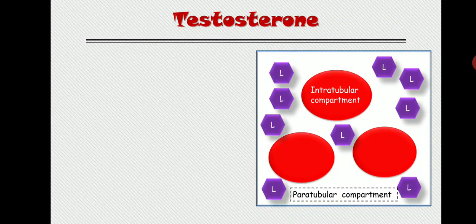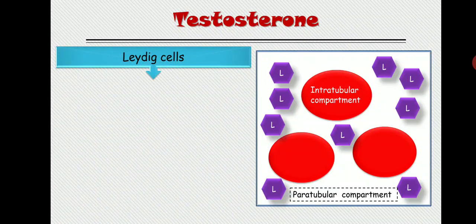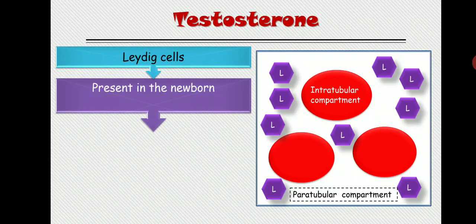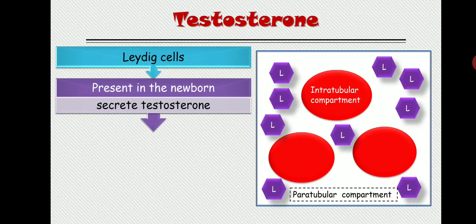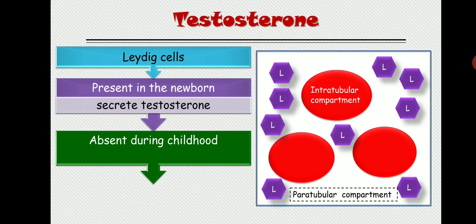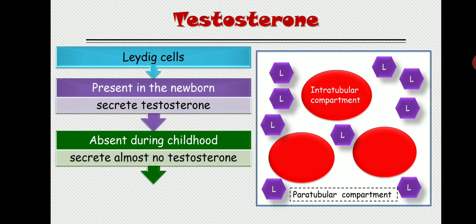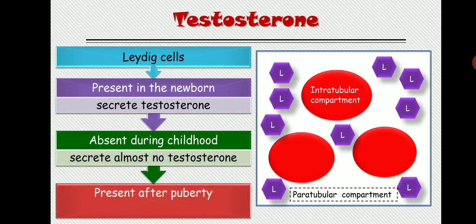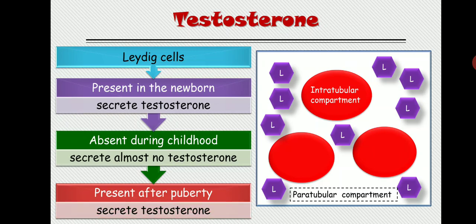This L stands for Leydig. Leydig cells present in a newborn secrete testosterone, and they are basically absent after that. During childhood they secrete no testosterone, and they are present again after puberty and secrete testosterone.